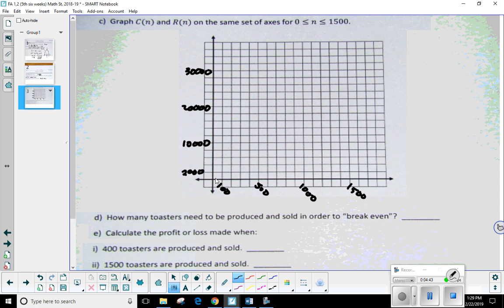Okay, 30,000. And what I did, because the problem said go ahead and put it in this interval from 0 to 1,500, I went ahead and connected the y-intercept to what 1,500 would be if I were to plug it into that particular function. For example, C of n was equal to the 10n plus 12,000, right? So let's go ahead and plug in 1,500 right there. So basically 1,500 times 10 plus 12,000. What's that going to end up giving me?